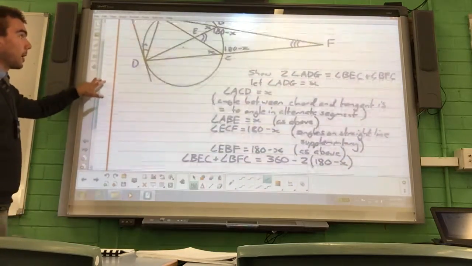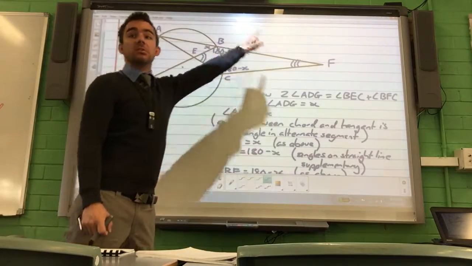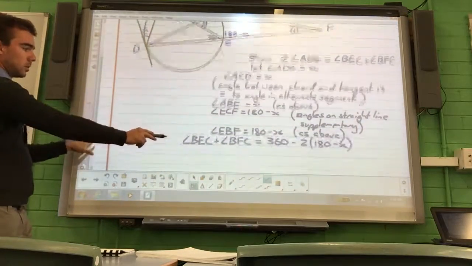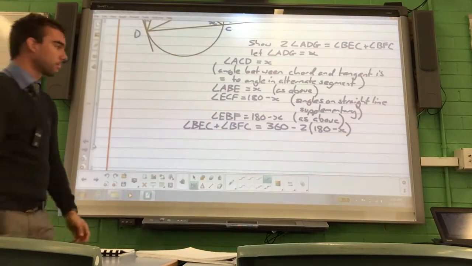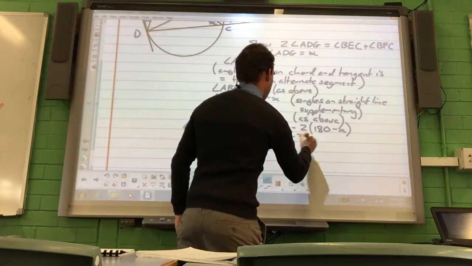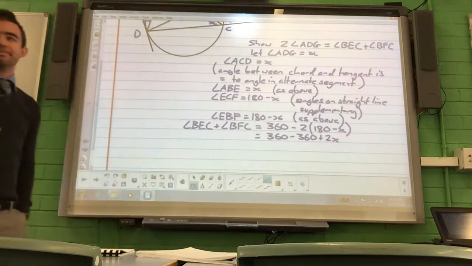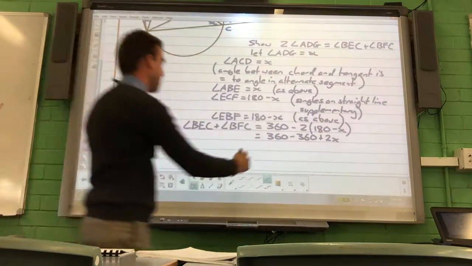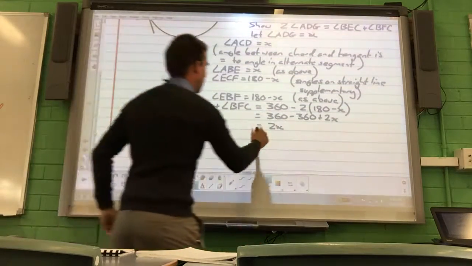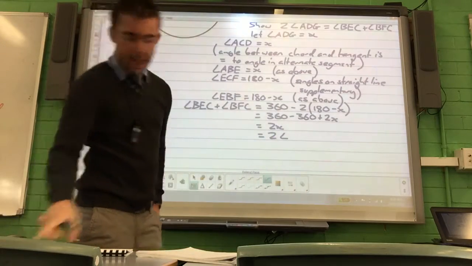Alright, 360 take away the sum of these two angles will give us the sum of the other two angles. Okay, so that's why there's a 2 out there. Right, let's expand. 360 take away 360 plus 2x. Looking good? Okay, which equals 2x, which equals 2 lots of angle ADG.